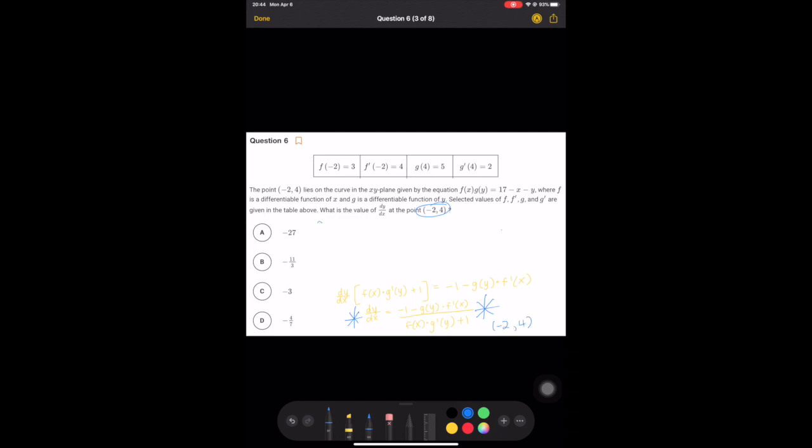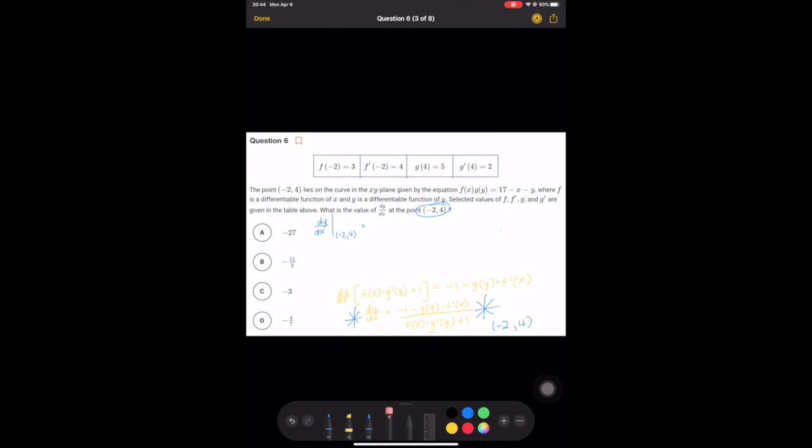So we have dy dx at negative 2, 4. I believe this is correct notation to signify that we're plugging negative 2, 4 into the derivative.